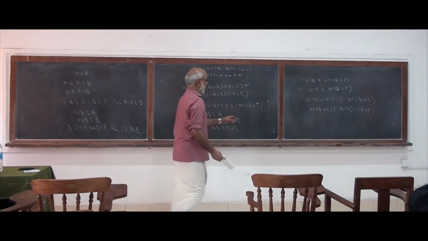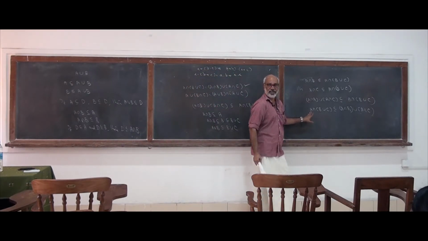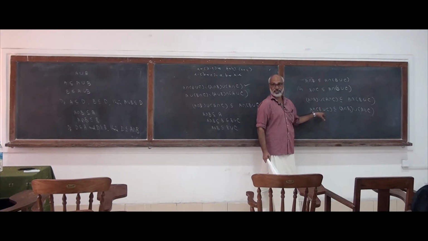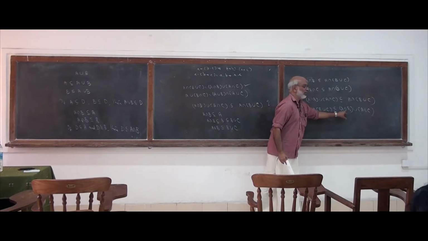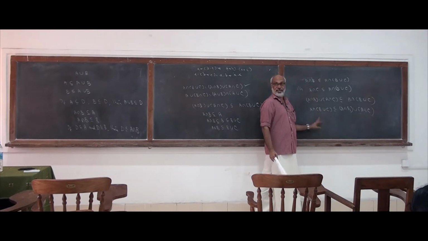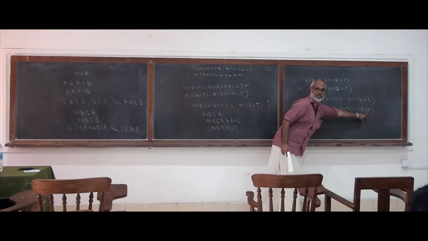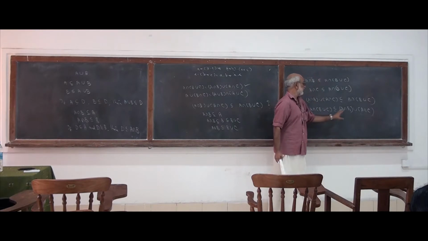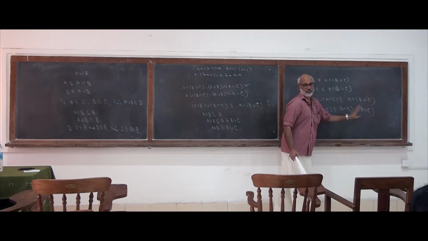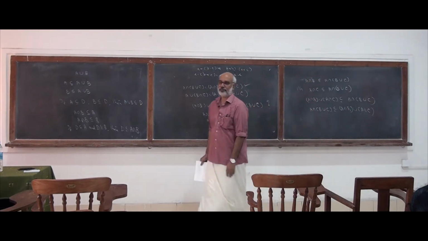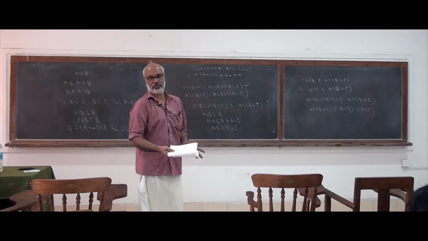You take an element here, it will be in A, it will be also in B union C. So there are two cases, it is in B and it is in C. If it is in B, then it is in A and B, therefore it is in A intersection B. If it is in C, it is in A and C, therefore it is in A intersection C. So in both the cases, it is in this union. And combining, you will get that these are equal.